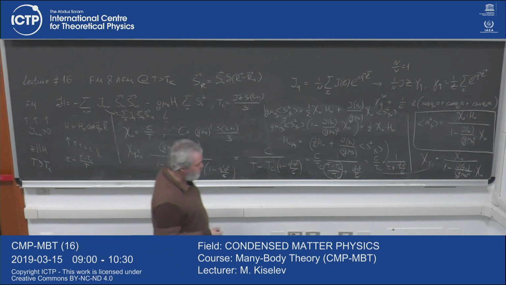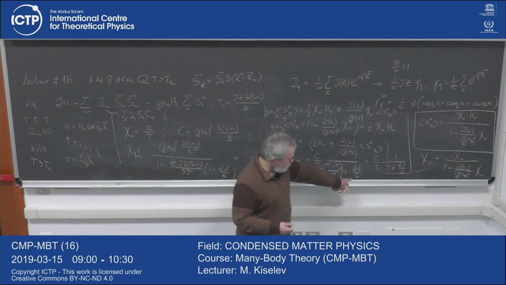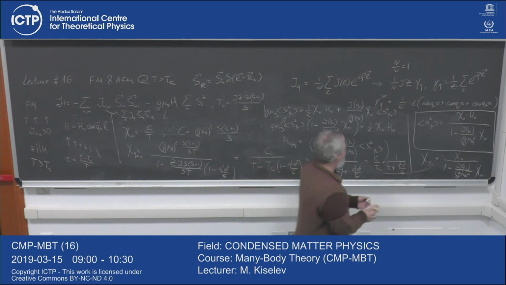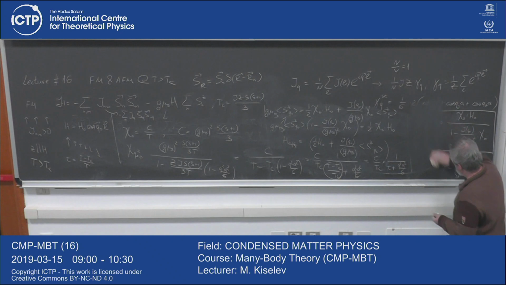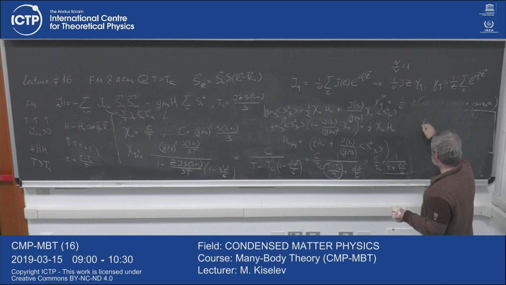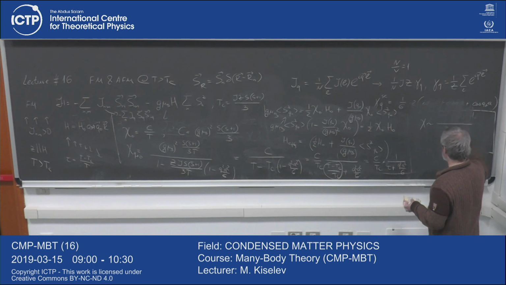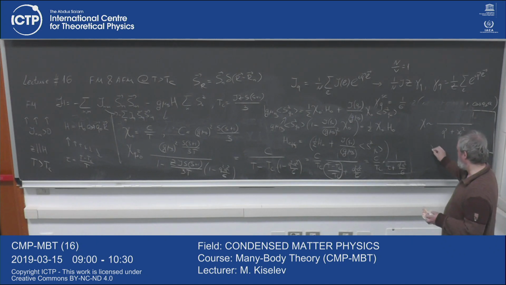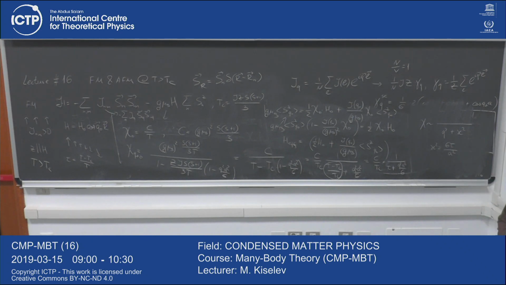However, we also took into account small q, and what we see here is that the susceptibility at small q limit has a form chi is proportional to 1 over q square plus kappa square, where kappa square is 6 tau over a square. a is a lattice constant, and one can immediately recognize that this is a correlation length psi to the power minus 2.